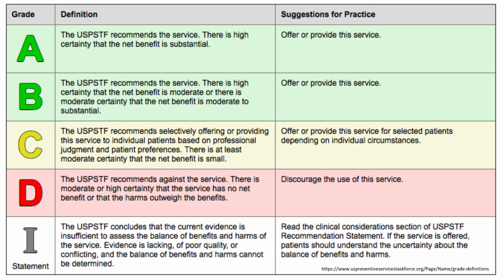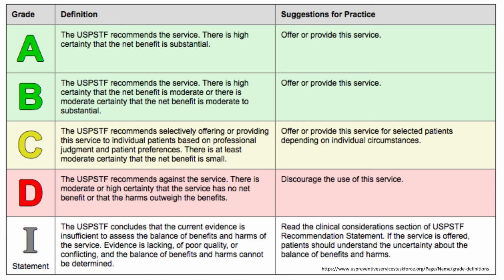You should offer the service. B is saying we're pretty confident that this is good quality evidence and that it has a benefit. Then you have C, where there are some indications but we're not super confident, so maybe do this, maybe don't.